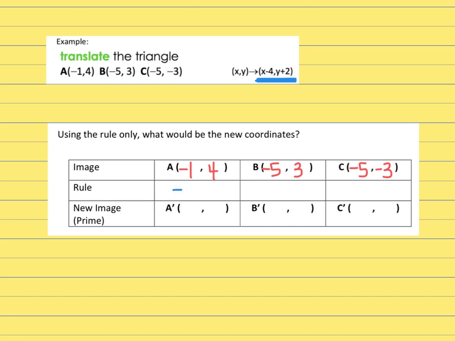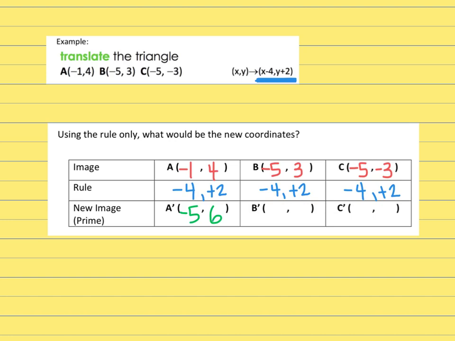Okay, so the rule says the x value is -4 and then +2. So I'm just going to copy that all the way across. The rule, I'm doing the same distance and the same direction on all the pairs. So as I go through now, -1, go to the left 4, or I could just do this numerically. -1 and -4 makes -5. And then 4 plus 2 makes 6.